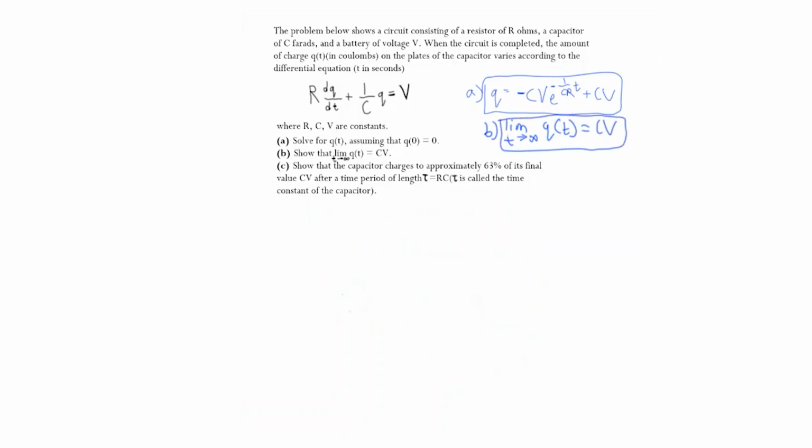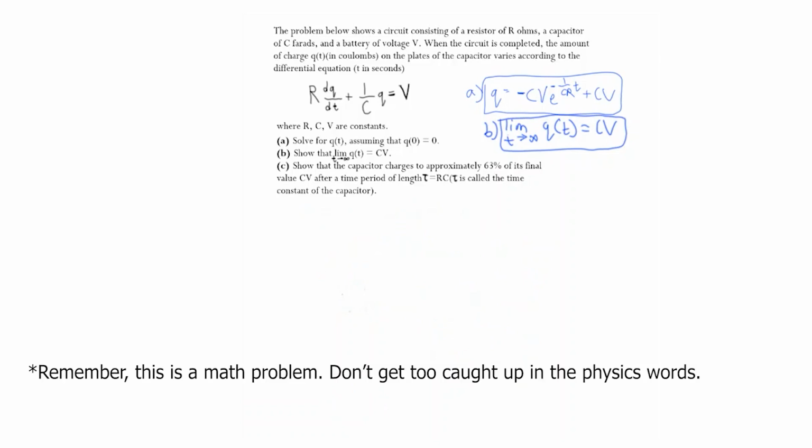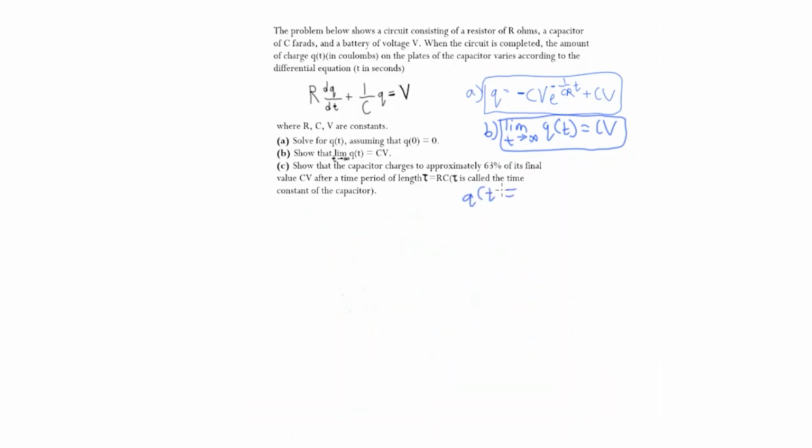Show that the capacitor charges to approximately 63% of its final value CV after a time period of length tau equal to RC, where tau is called the time constant of the capacitor. Now, that's a lot of jargon, and basically what it's telling us is they want us to find when Q of t is equal to somewhere around 0.63.